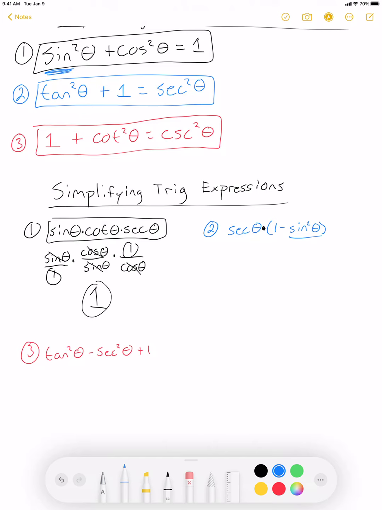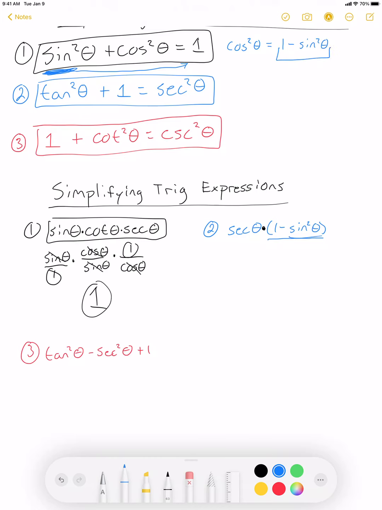So because that has a sine squared theta, let's try to figure out how can we manipulate this first Pythagorean identity in order to make it look like this identity here, this 1 minus sine squared. Now, because this is a positive sine squared, if I subtract that over to the other side of my equal sign, then cosine squared of theta would stay on the left-hand side, and this would equal 1 minus this sine squared theta that I just subtracted over.